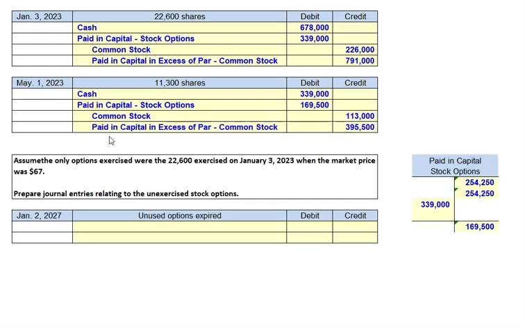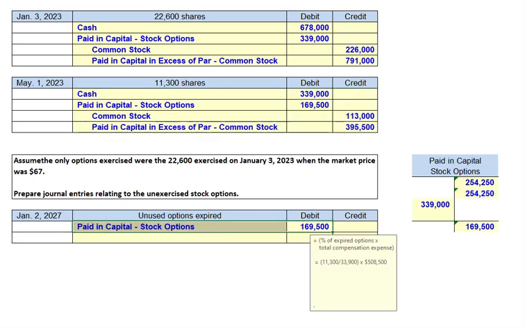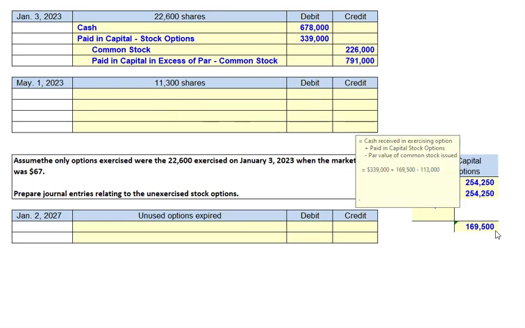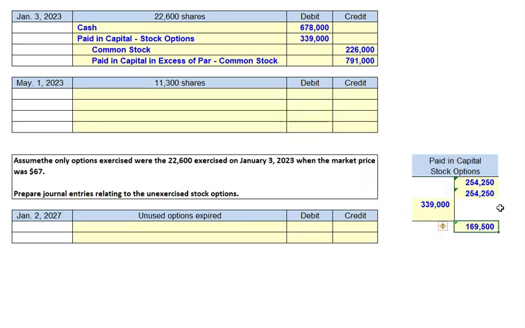Now let's take a look at what would happen if only the options on January 3rd were exercised and these remaining 11,300 shares weren't exercised. We still have the $169,500 balance in paid-in capital for stock options.